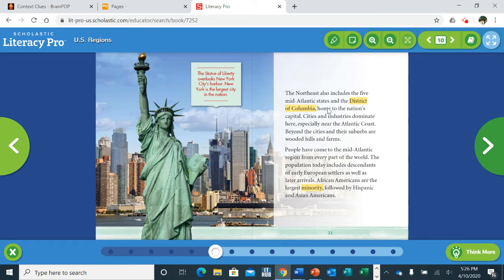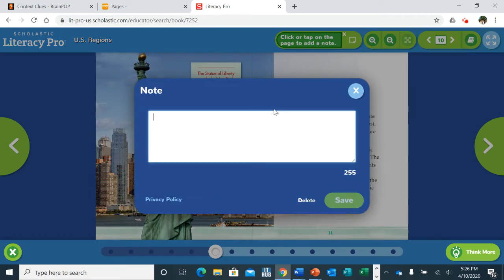All right, so let's take a look at these words that we've highlighted. District of Columbia. Let's put a sticky note on those. I kind of gave you a hint, but I wanted you to remember that District of Columbia can be abbreviated as capital D, period, capital C, period.